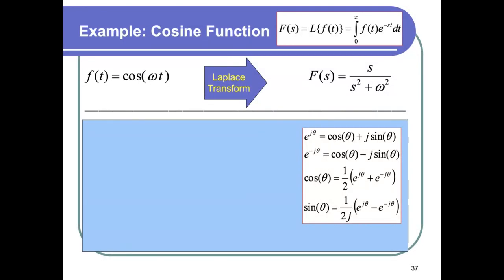I got the same denominator, but the numerator was j omega. Okay. So maybe there was some computational error. Did you use Euler's formula for the cosine function? Yes. Okay. Any other attempts?